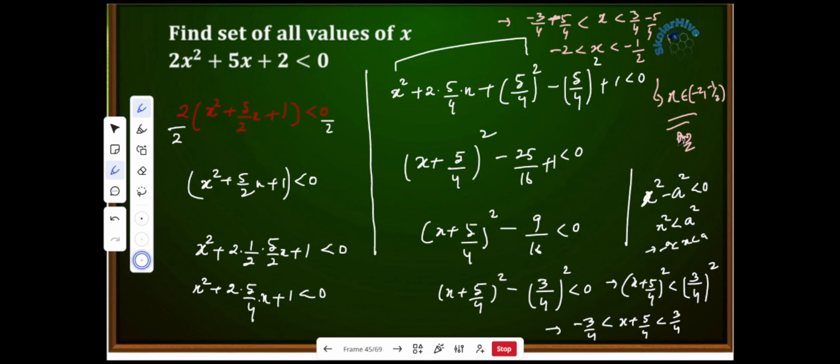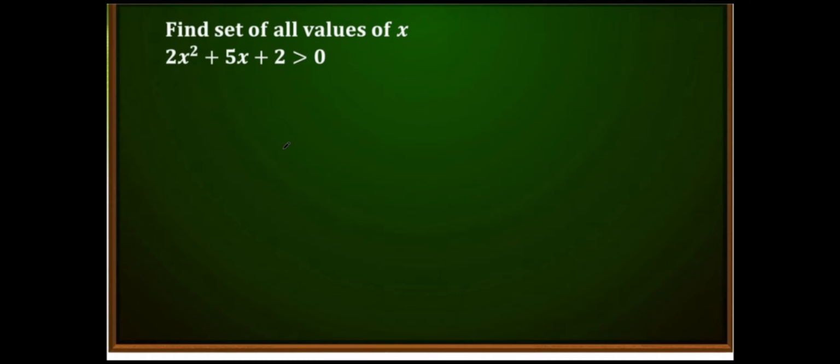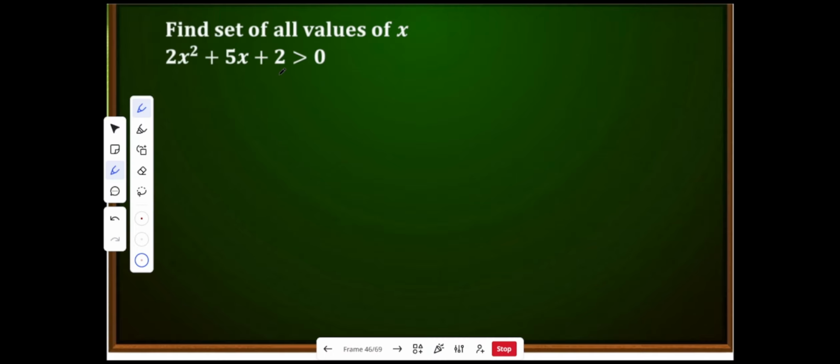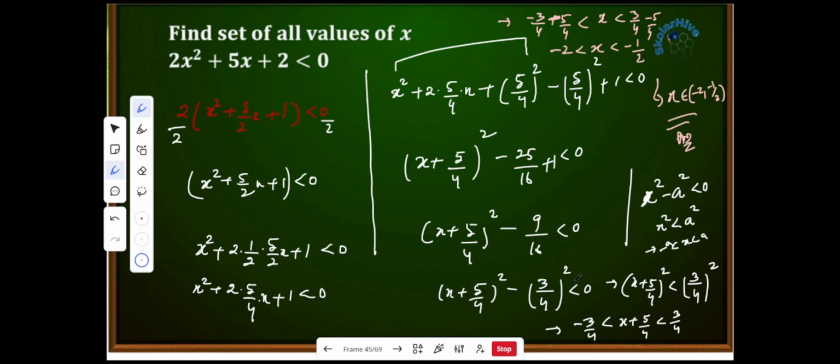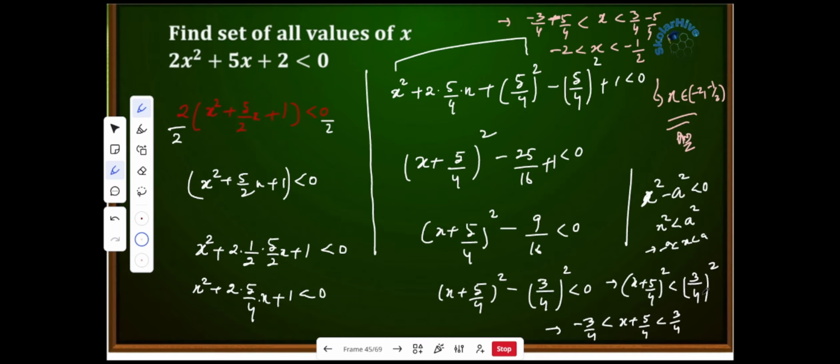Now let's see a few more questions. Here in this question, it is the same question but with the inequality sign changed. Once you factorize this, you get x plus 5 by 4 whole square greater than 3 by 4 whole square.